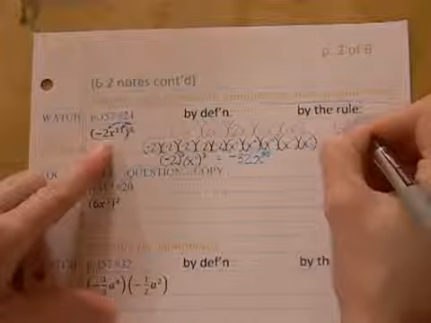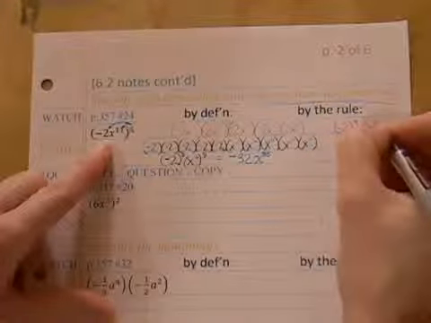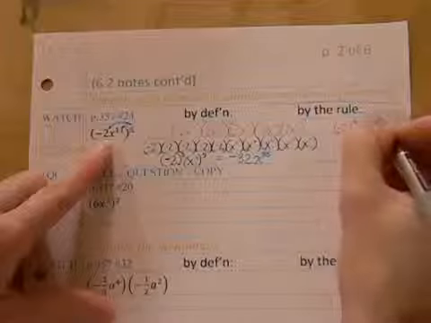So the rule says that we would distribute that exponent, and by the rule it would be negative 2 to the 5th times x to the 11th to the 5th, and that of course would give you the negative 32 x to the 55th. Okay?